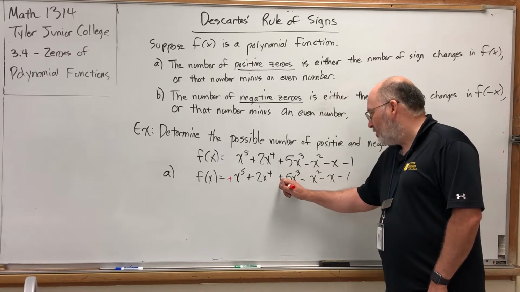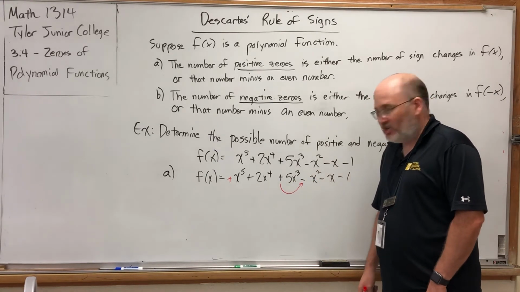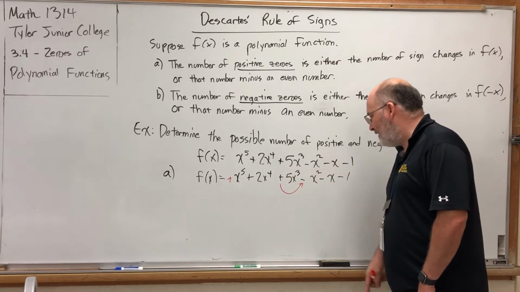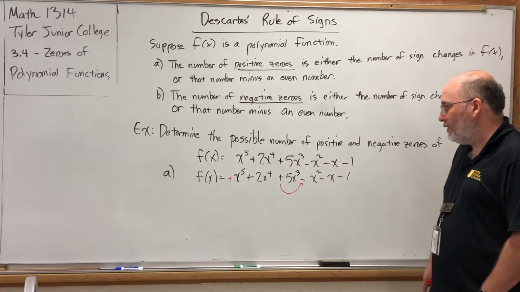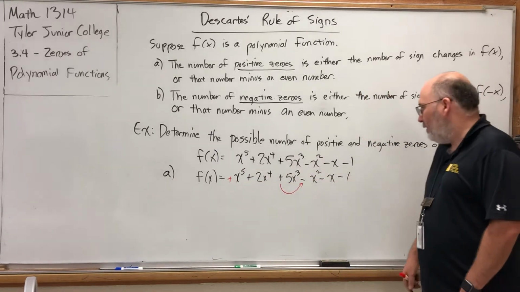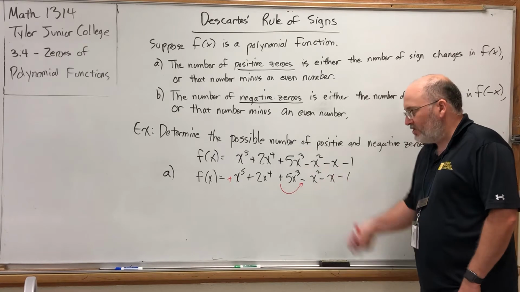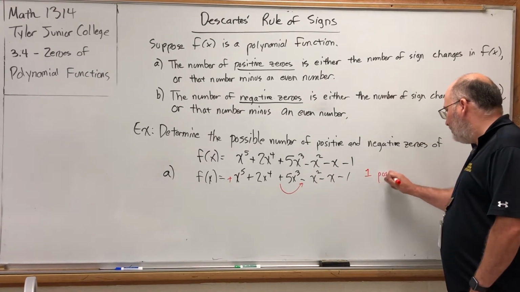However, as we go from the coefficient of x cubed to the coefficient of x squared, there is a sign change. It was positive, it changed to negative. And if you notice, that is the only sign change in this entire function. Positive, positive, positive, change, negative, negative, negative. Because there is one sign change in the original function, that means that there is one positive zero.